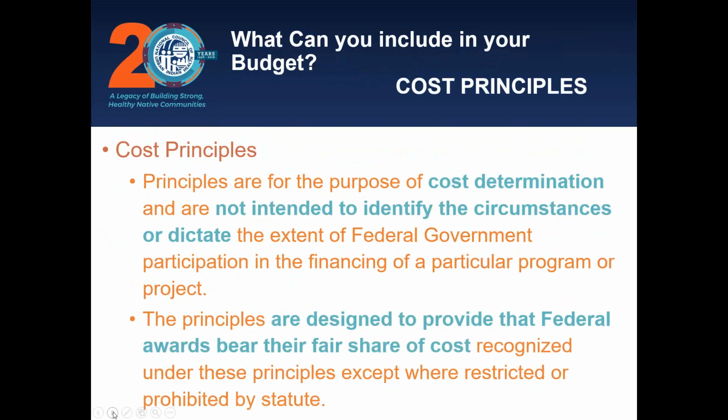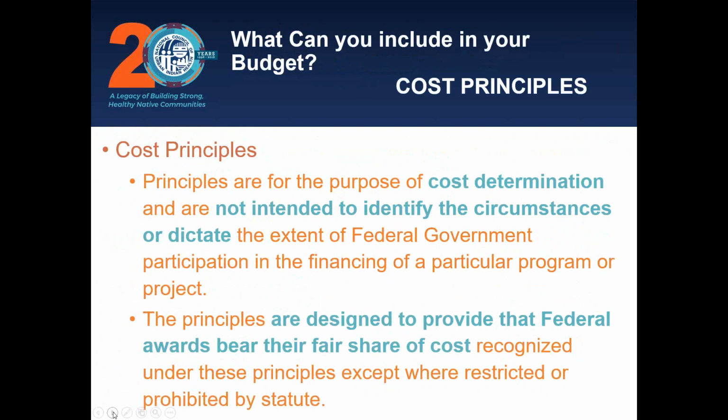Next one, please. Okay, so those are the indirect and direct costs. So what can you include in your budget? What are the cost principles, right, that they are always talking about? Those principles are basically principles that will allow you to see the determination of the cost. They are intended to identify circumstances; they are not there to dictate the extent of the federal government participation in the financing. That's what they are trying to do.